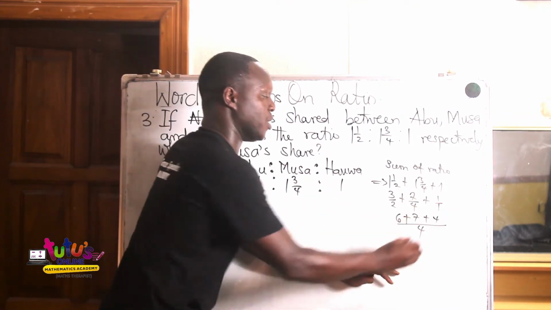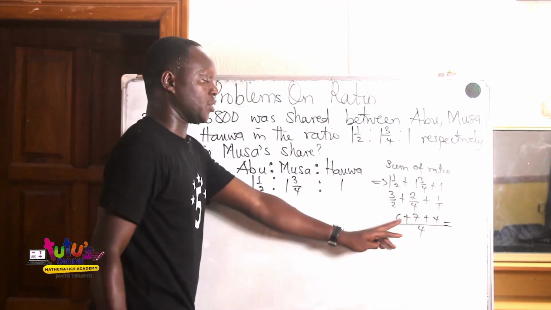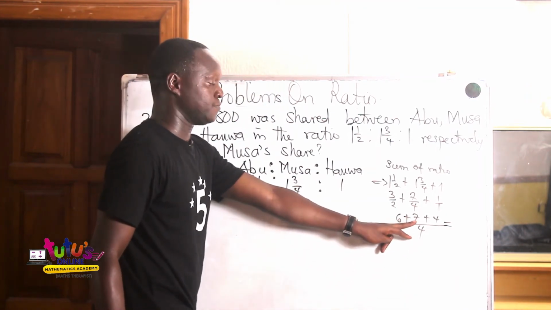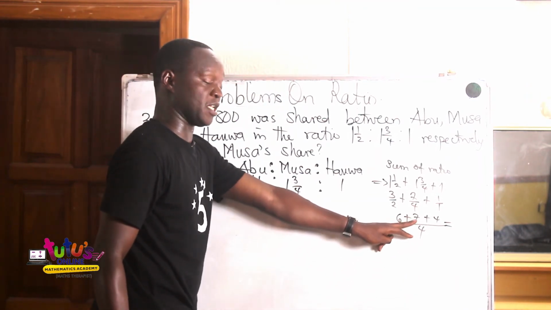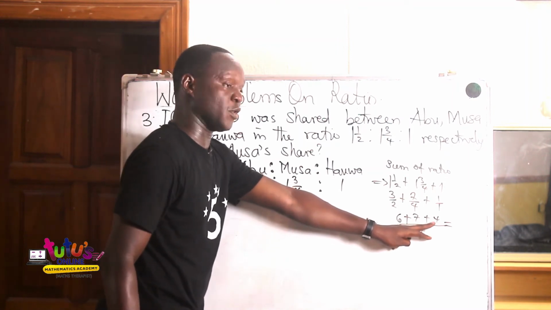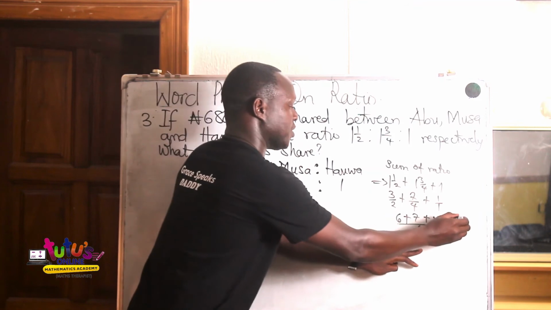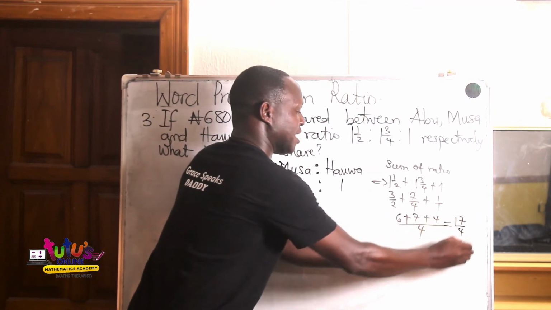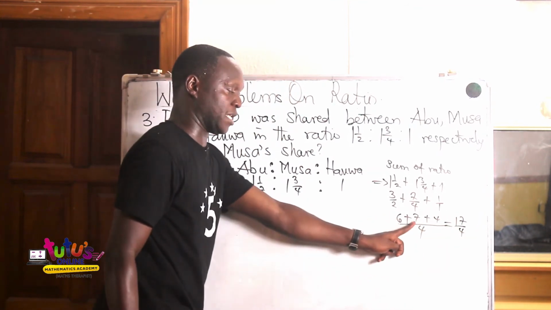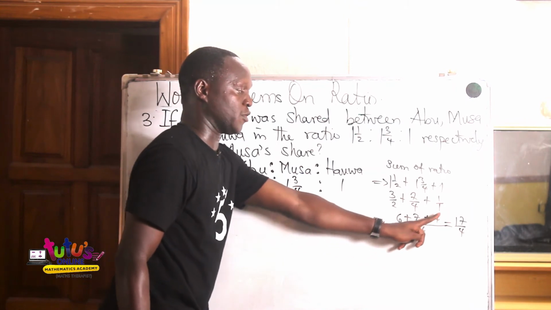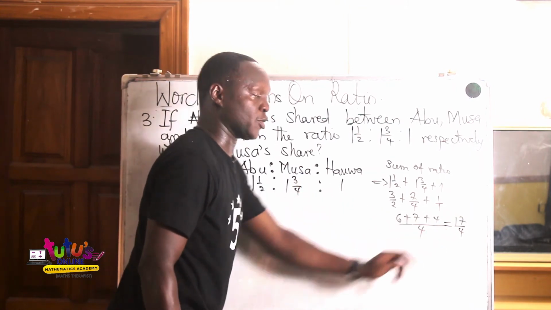So we add our numerator. 6 plus 7, I beg your pardon, is 13. 13 plus 4 is 17 over 4. These are sum of ratio.